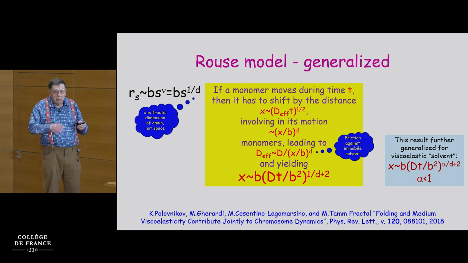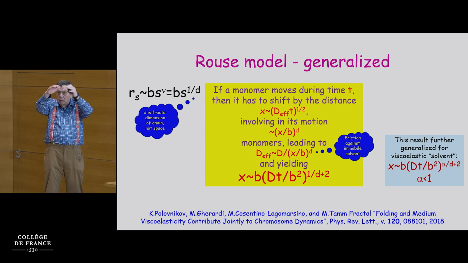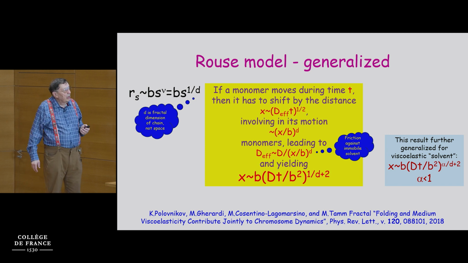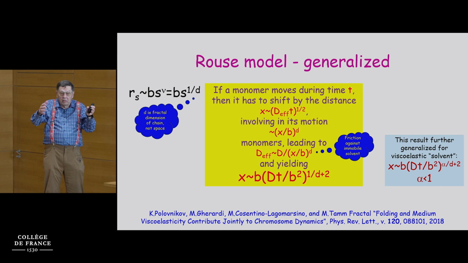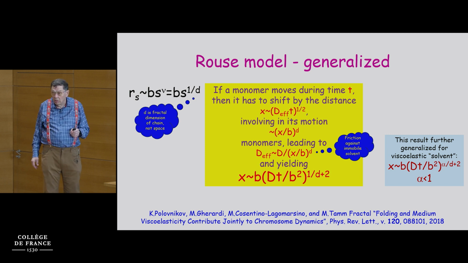then how many monomers live in that volume of the size x? It will be x divided by b to the power d. It will be just this s. It's the number of monomers that sit inside this blob.